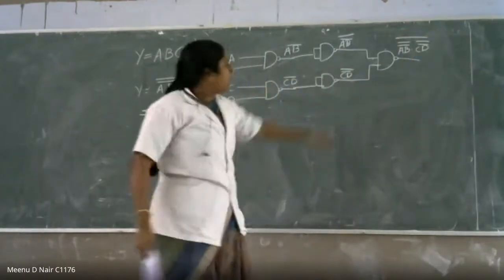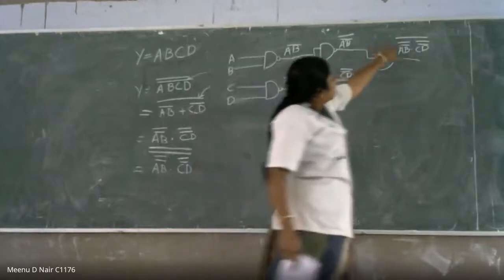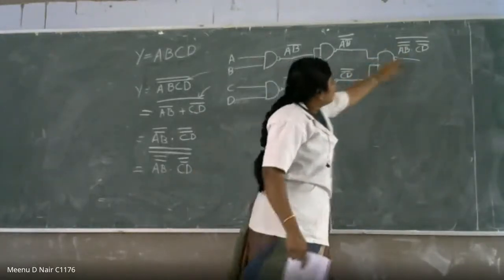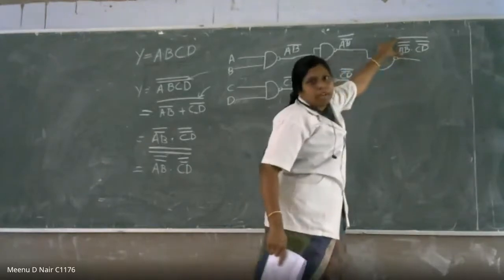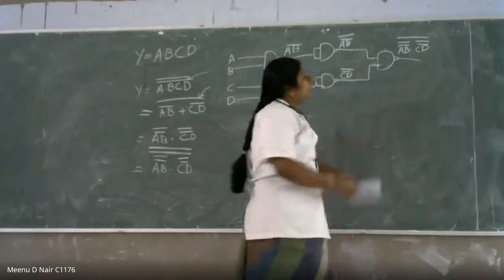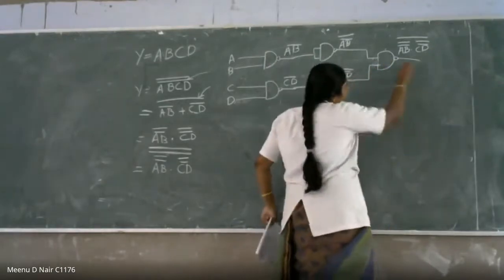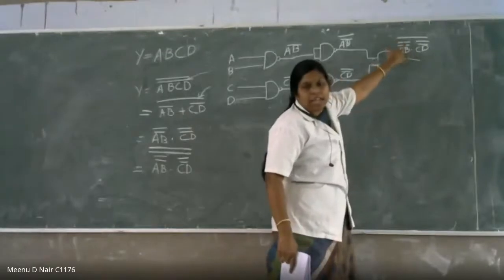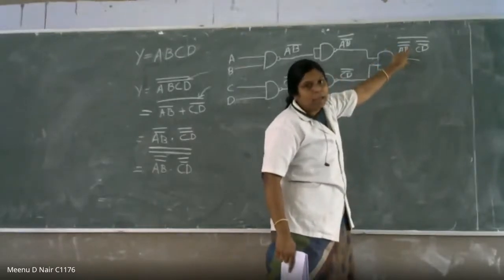It gets the AB double bar here into CD double bar whole bar. The whole bar only comes when this is the NAND gate. Now this is like AB into CD bar.